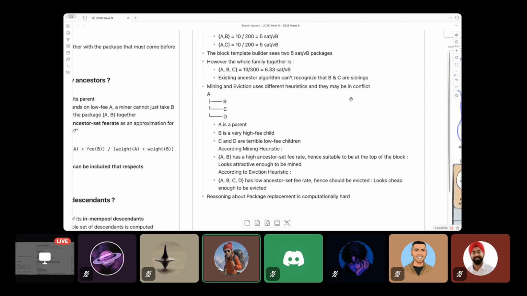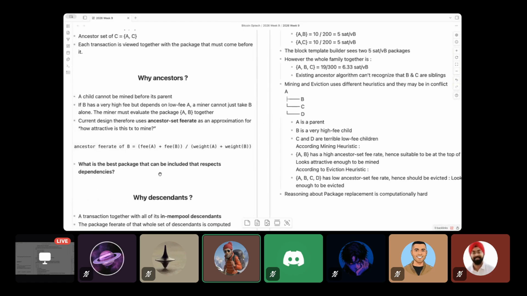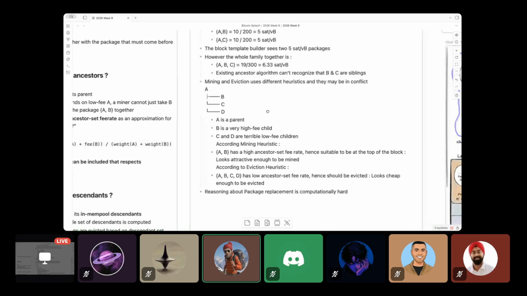It's quite involved, and on top of this, you have to keep recomputing the fee rates and ancestor and descendant fee rates as and when new transactions come in and go out. For example, you might have some numbers with respect to this particular group of transactions, but suddenly there is a child to D, and that child pays for its parent.